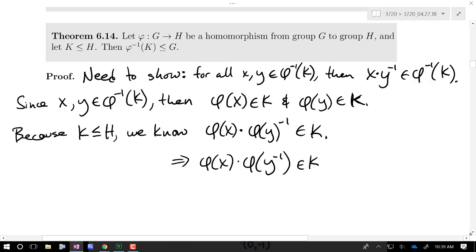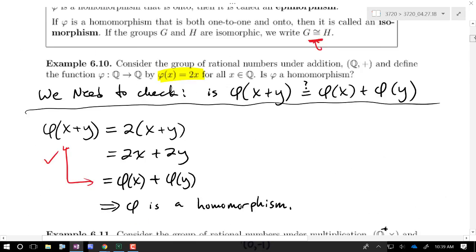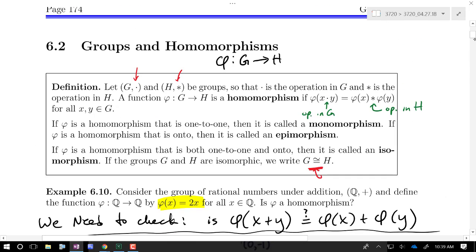Let's go back to that definition of a homomorphism on the last page. It's just this first part; we don't know that our function is one-to-one or onto or anything. Because of the way we have it set up, phi of x times phi of y inverse, we can set it up as phi of x times y inverse.